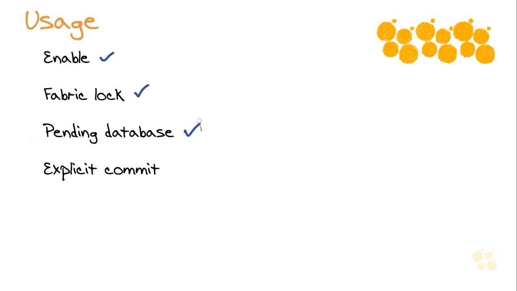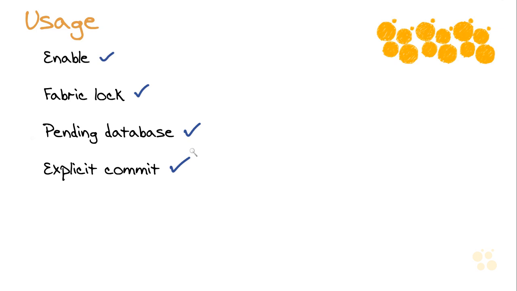When you commit the change, the pending database will overwrite the configuration database, which is also known as the active or effective database in your environment. Most of our applications are going to require an explicit commit operation in order to take things from that pending database and write it to the actual active database.